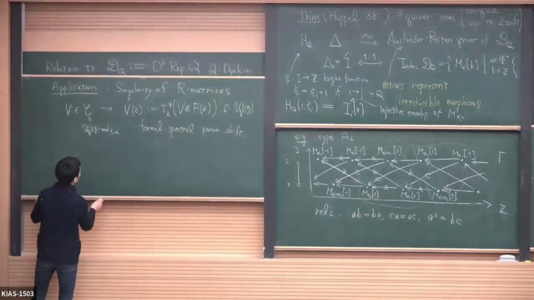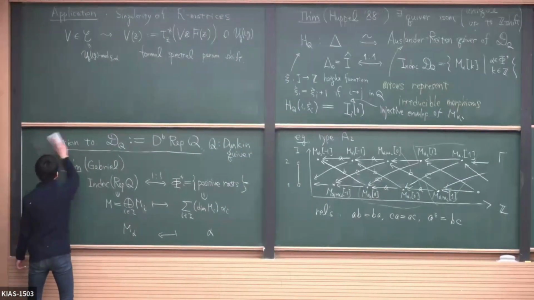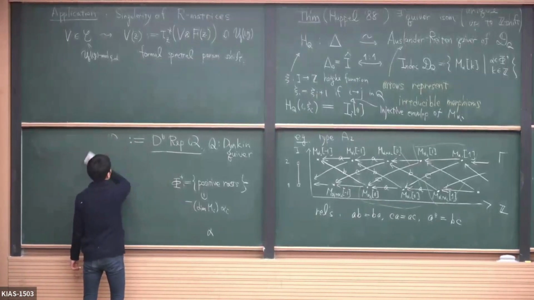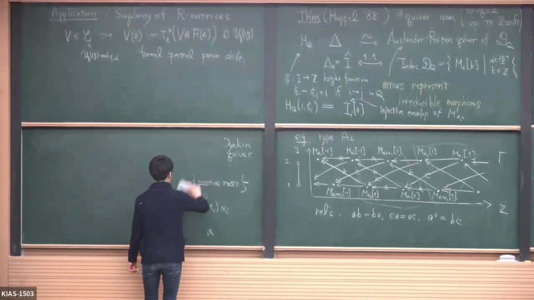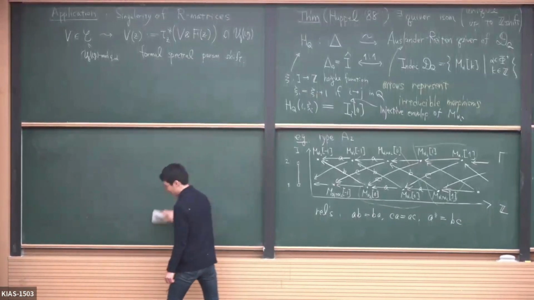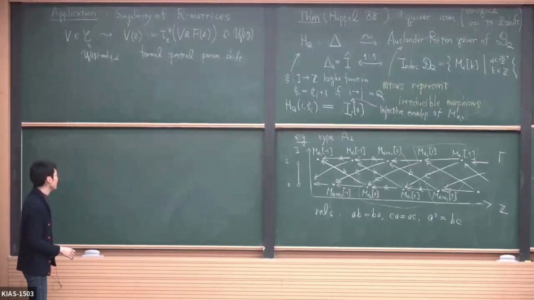And so in the beginning of the talk yesterday, I said that this category C is non-commutative.